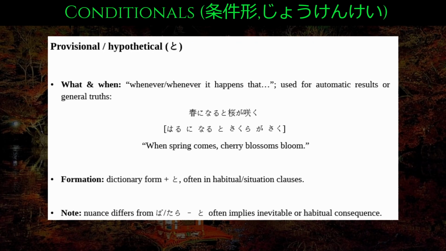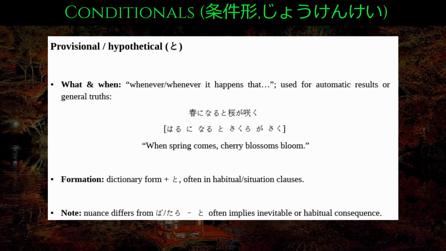So, as said in the beginning, the next 3 ones are not really verb forms, but since we are talking about the ba and tara, it definitely should be mentioned here as well. Beginning with the provisional or hypothetical to. So, what and when? Basically, either whenever something or whenever it happens that. This is used for automatic results or general truths.